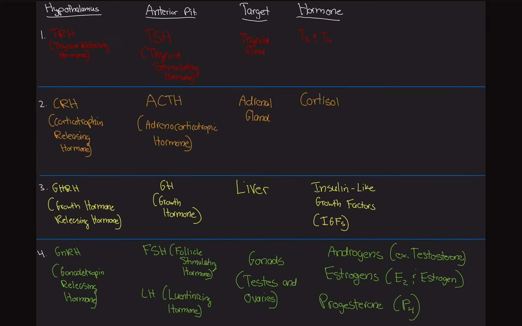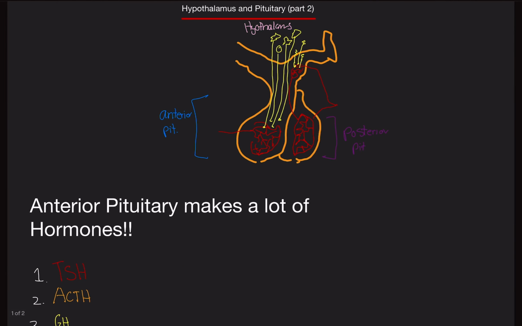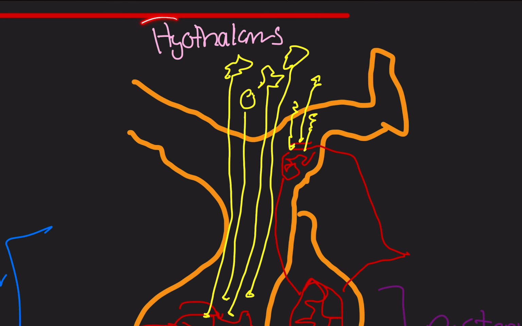So let's do the first one. First, the hypothalamus secretes something called TRH. This is called thyroid releasing hormone. So let's go back to this picture here. This is the hypothalamus. It's going to make thyroid releasing hormone.